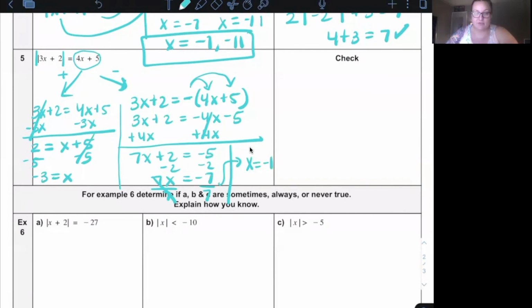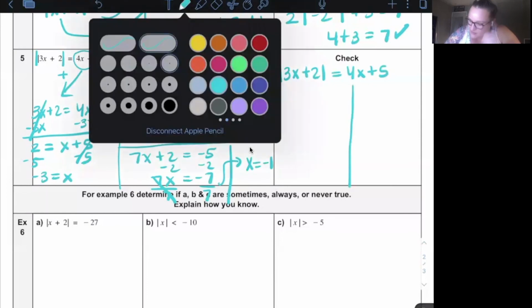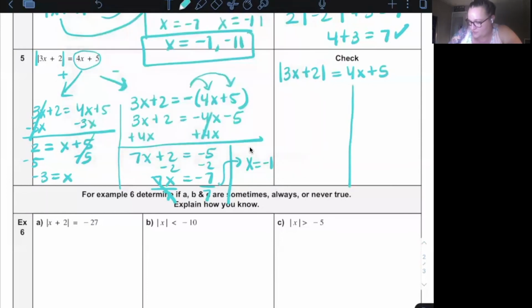So now you should have checked both values, x equals negative 1 and x equals negative 3, to see if they work. The absolute value of 3x plus 2 is equal to 4x plus 5. So we're going to have, I'm going to use a smaller point here, the absolute value of 3 times negative 3 plus 2 is equal to 4 times negative 3 plus 5.